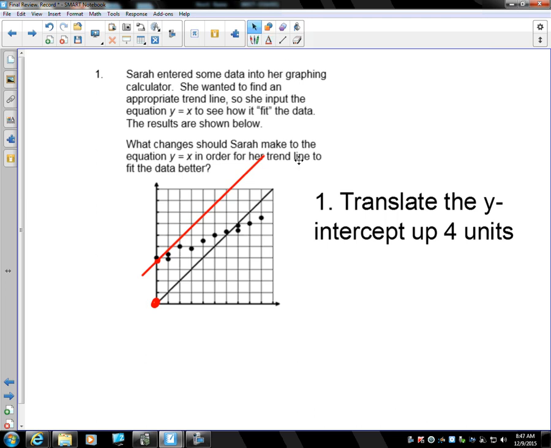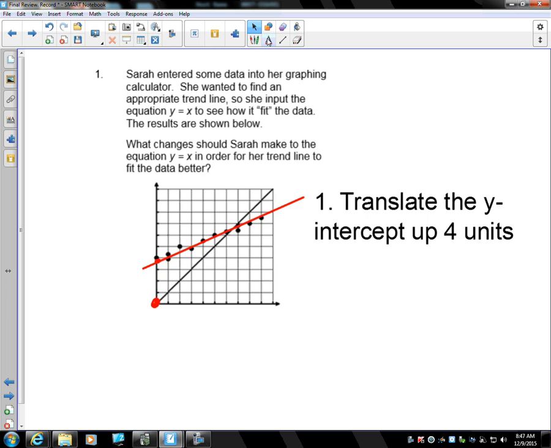The second thing I notice is that the line does not go through the middle of my data. It does not fit the data. So I need to adjust the line by making it a little flatter. And if it's about here, it goes through the middle of my data.